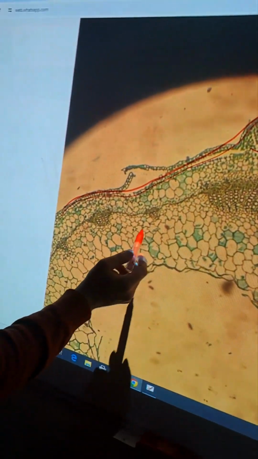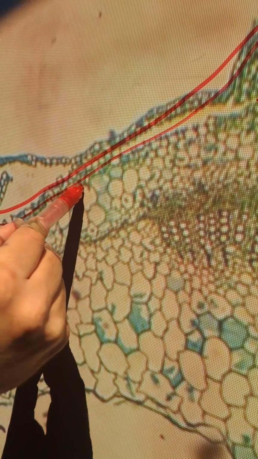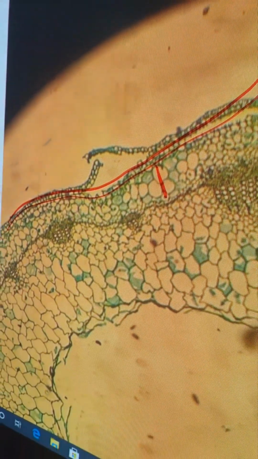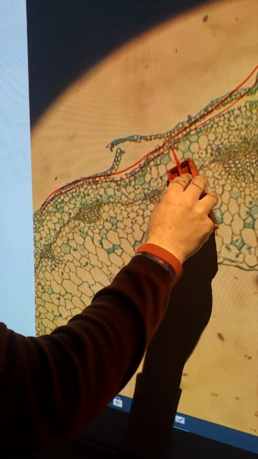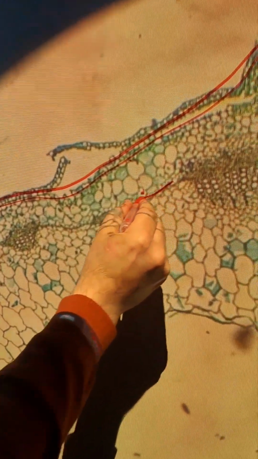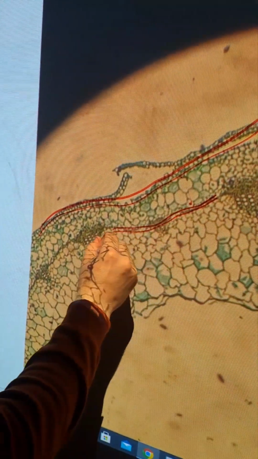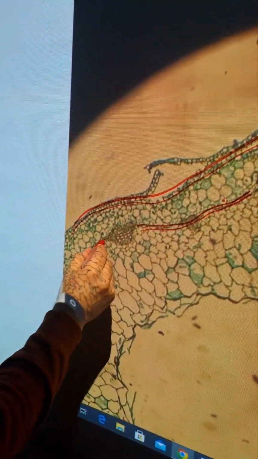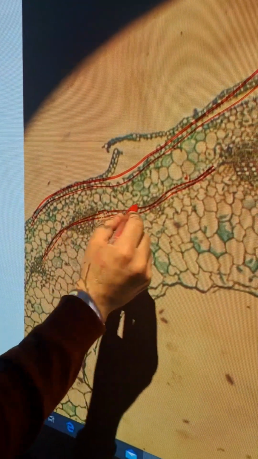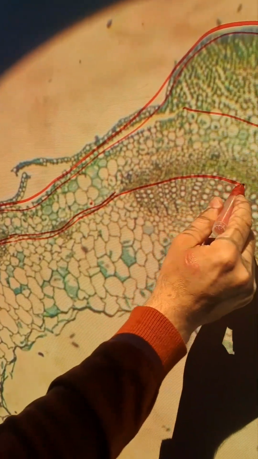After that, if you look carefully, you will see that underneath the epidermal cells there is a layer of cells that is also different from the epidermal cells. This layer of cells ends right here, which is the layer of endodermis. The endodermis is connected all the way, or let's say it passes through those structures.